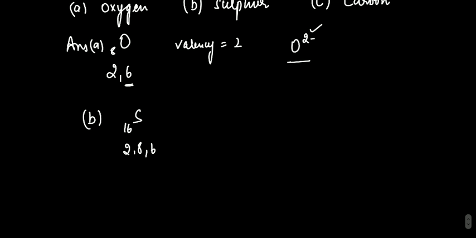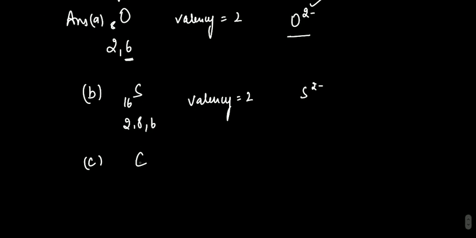Again, how many electrons does it require to share to have an octet? It's 2. 8 minus 6 is 2. Or you can remember it like this, the same number. Then we have the third one, which is carbon, atomic number 6, 2 and 4. So 8 minus 4 will give you valency 4.